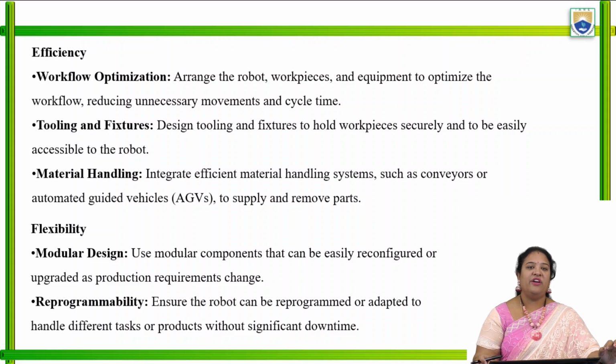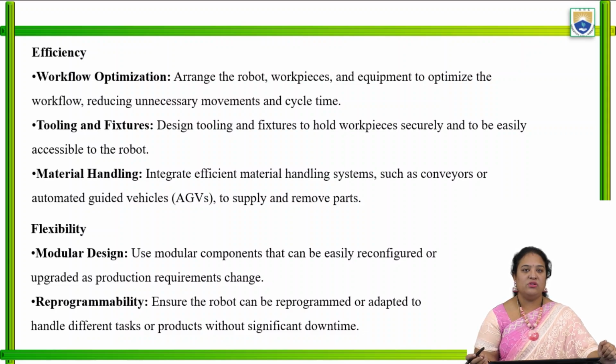And next, coming to the efficiency and flexibility. In what form can the efficiency be increased? By arranging the robot, workpieces, equipment, or optimizing the workflow, reducing unnecessary movement of the cycle time, or designing the tool and fixtures for the work pieces, or for material handling systems such as conveyor or automatic system. We should increase the efficiency of the usage of the robot.